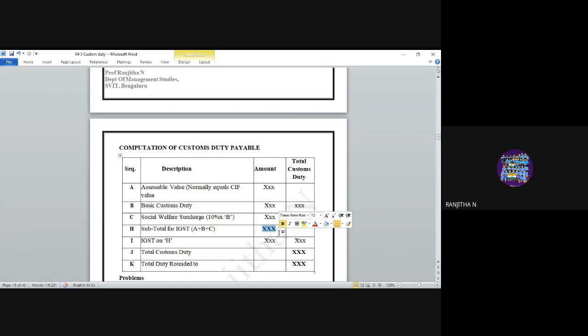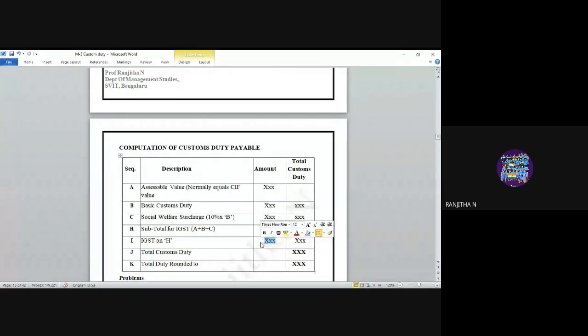What is the next step? What is the main thing we need to calculate? Our main concentration is to calculate the customs duty payable. So now you go for the calculation of the customs duty payable to the government. First, basic customs duty is one of the duties that I'm going to pay to the government, and here you can find the social welfare charges.